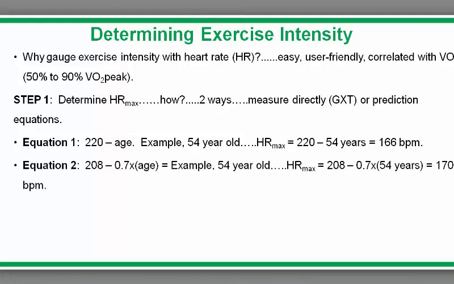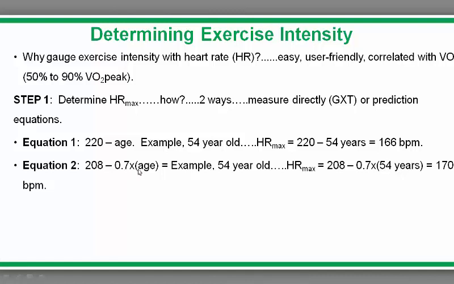The second equation, which is derived from studies that fit regression models to the participants in those studies, is 208 minus 0.7 times a person's age.